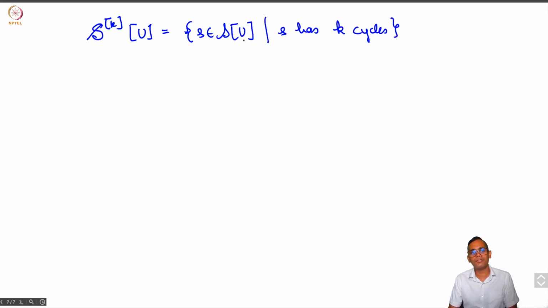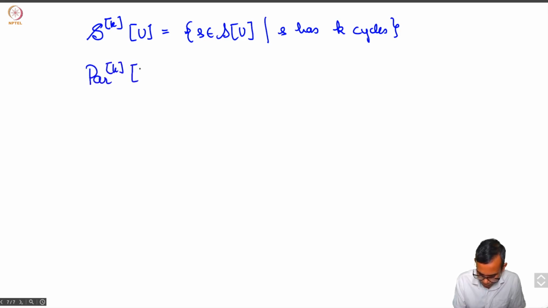So we know that if U is a set of cardinality n, then this is given by the unsigned Stirling number of the first kind. And let's look at also Par_k(U) to be those s belonging to Par(U), where s has k blocks.